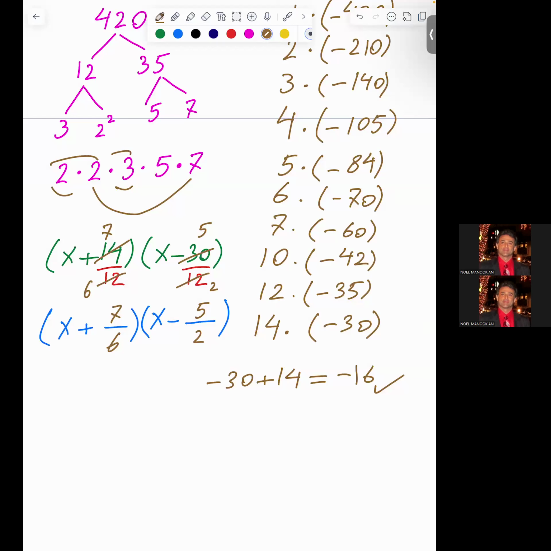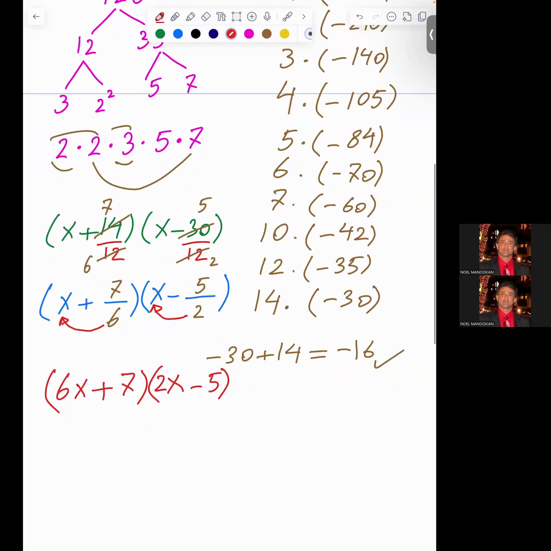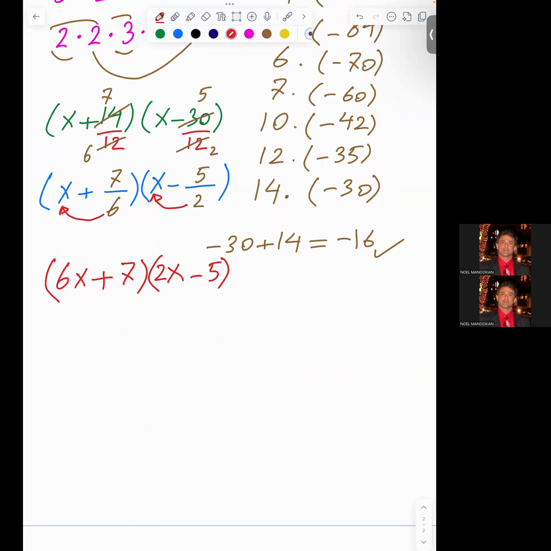And the last step to get the final answer, you're going to multiply this 6 and x, 2 and x. It means 6x and keep the number 7 inside of the first parenthesis. And for the second parenthesis, 2 times x, 2x minus 5. This must be the final answer.